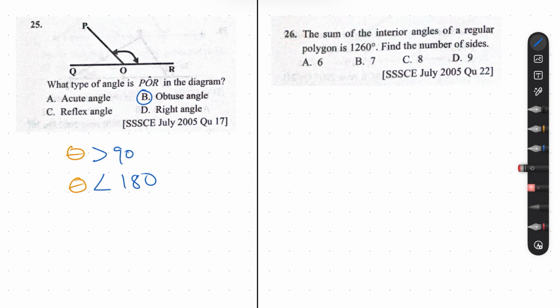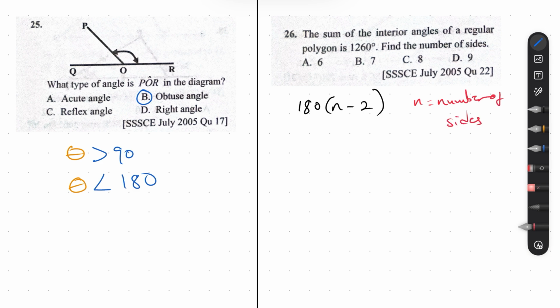The question says, the sum of the interior angles of a regular polygon is 1260 degrees. Find the number of sides. So we know that the formula is 180 times n minus 2. This is the formula for finding the sum of interior angles of a regular polygon, where n equals the number of sides.